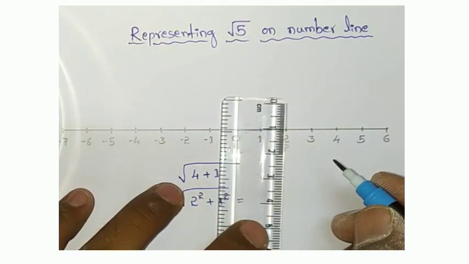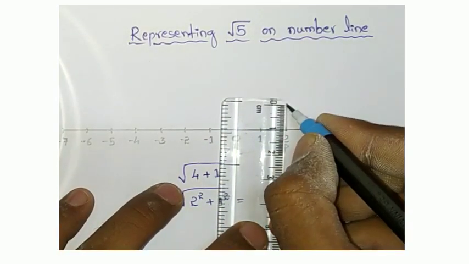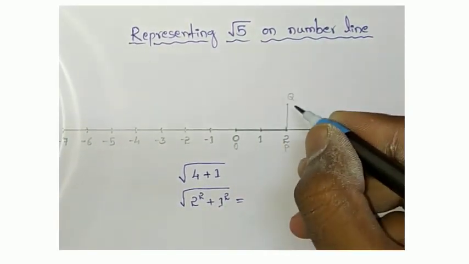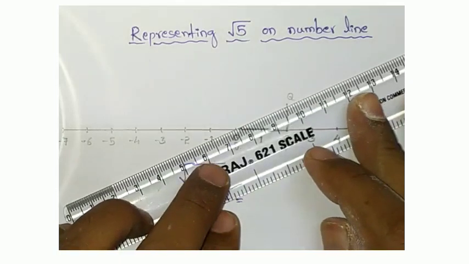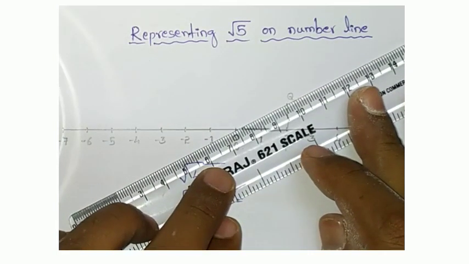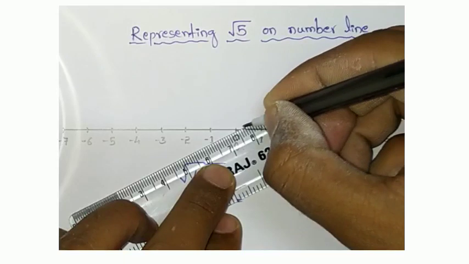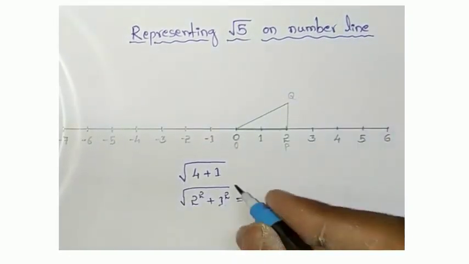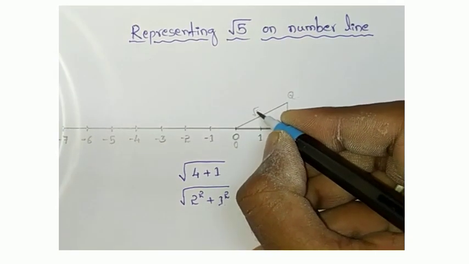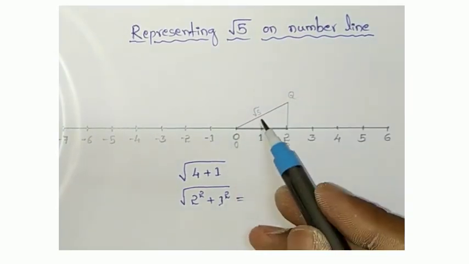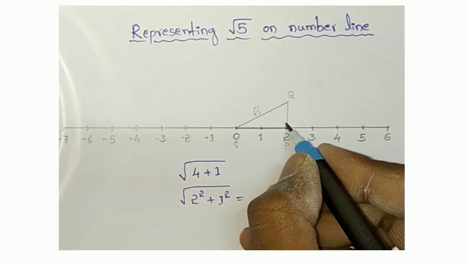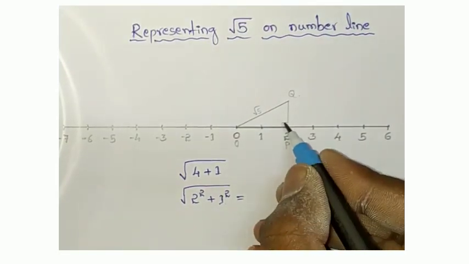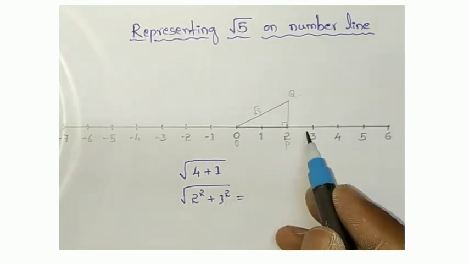Mark 1 centimeter here and take it as Q. Join Q to O. Whenever you join Q to O, this is our root 5. So we got root 5 as the hypotenuse of the right angle triangle OPQ.